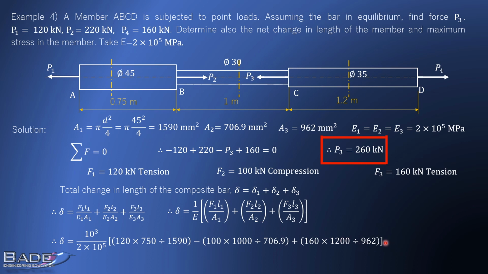And 962 millimeters squared, that is A3. Now do the calculations. And this is the total deformation in millimeters. Positive answer, that means it is elongation, increase in length.